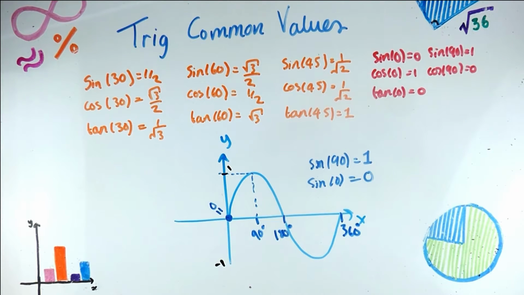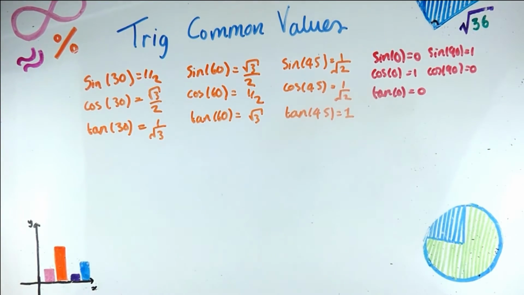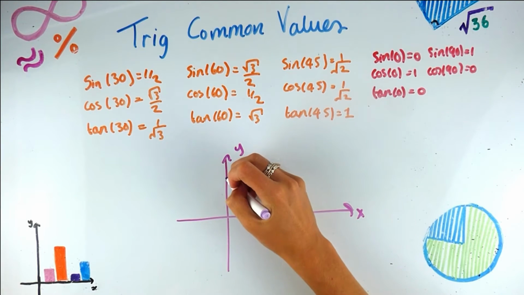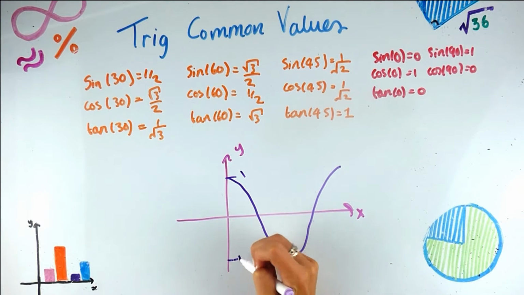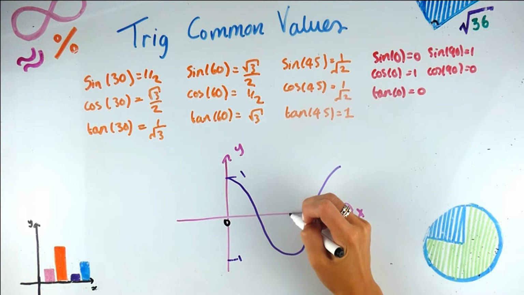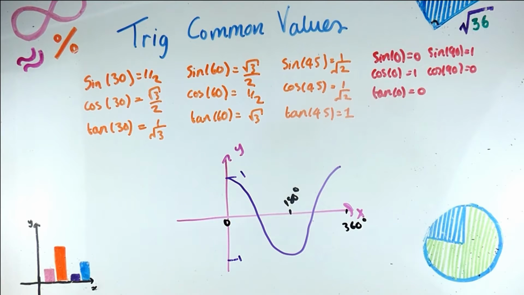We can move on and look at the cos graph. The cos graph is what we call the cos bucket. Again, it oscillates between 1 and -1. If we put some values on here, we know that's 0, this here is 180 degrees, and this here is 360 degrees.